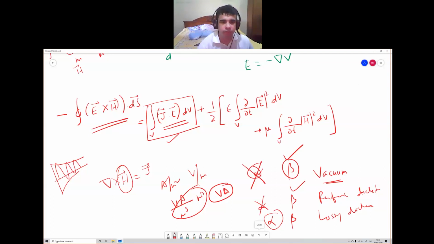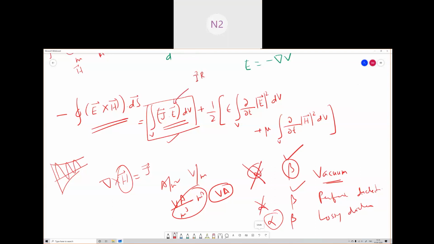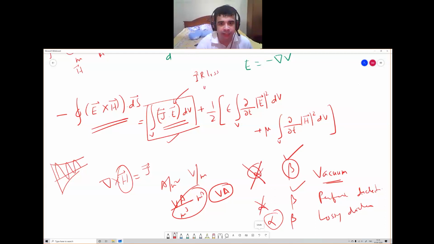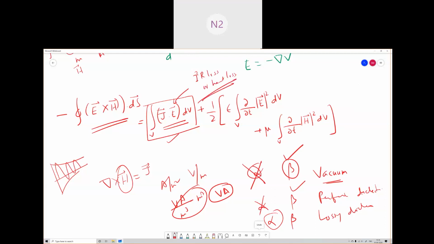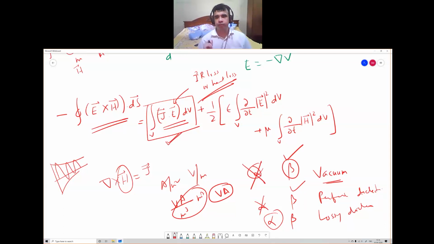So this term is the so-called I square R loss or heat loss, and it exists only for those materials where there is an alpha, a loss coefficient. For vacuum there is no loss, so it does not exist. So whatever power is entering the surface, some of it is getting lost as heat, and this term gives that amount. Is this okay? Any questions?